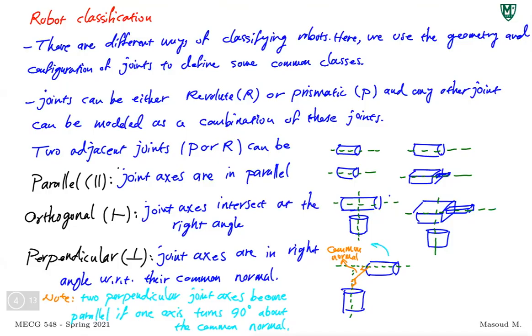They're orthogonal, but they turn out to be in different planes because of the way things need to be set up. So that orthogonal becomes perpendicular. I don't want to make you so confused. It's just a general procedure, but we'll look at a couple of examples. In theory, we can assume that they're orthogonal, but in practice, if you look at the industrial arm, you will see that the orthogonal configuration turns out to be perpendicular because there is some distance between these axes. Again, it goes back to the way they are set up.